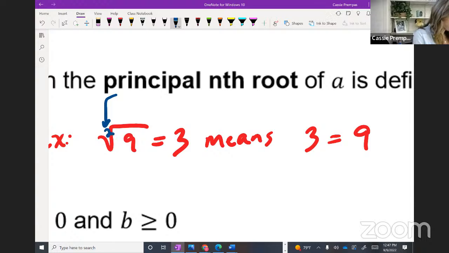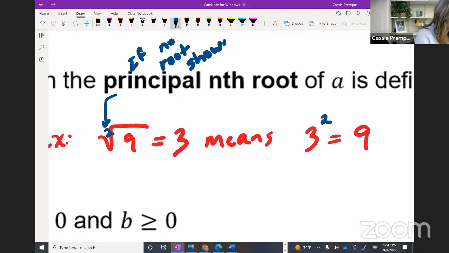So by default, there's a 2 there. And you can see by the meaning, this means that 3 squared gives you 9. So if you didn't know that, I would go ahead and make a little note of that. If no root shown, it is 2. Means it's a square root.